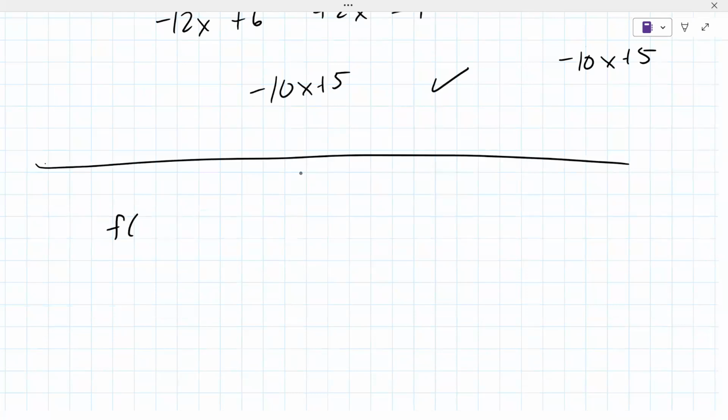Let's say I give you f of x equals -3x plus 1, and I ask you to figure out f of minus 2x minus 5.